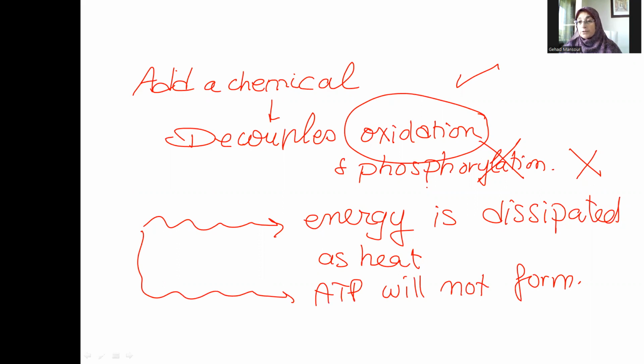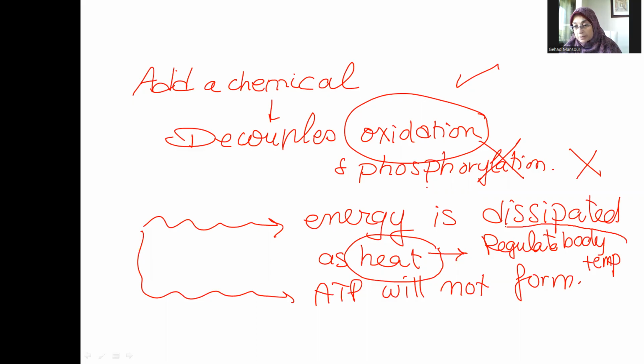In some organisms, that energy that is dissipated as heat is important for homeostasis, to regulate body temperature. So sometimes decoupling of oxidation with phosphorylation occurs in living organisms on purpose in order to generate heat, and when it generates heat, it will keep the organism warm.